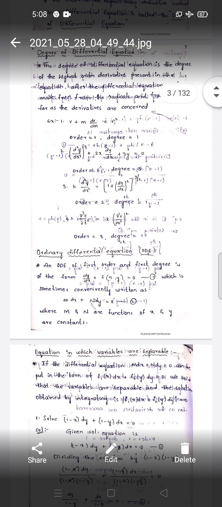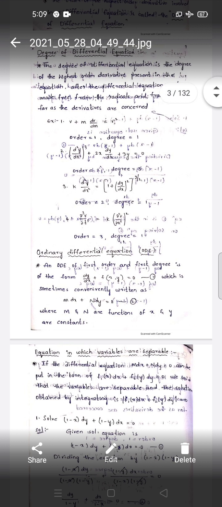So what is the ordinary differential equation? It is of the form M dx plus N dy. For example, dy by dx plus f of x comma y is equal to 0, this is equation 1.